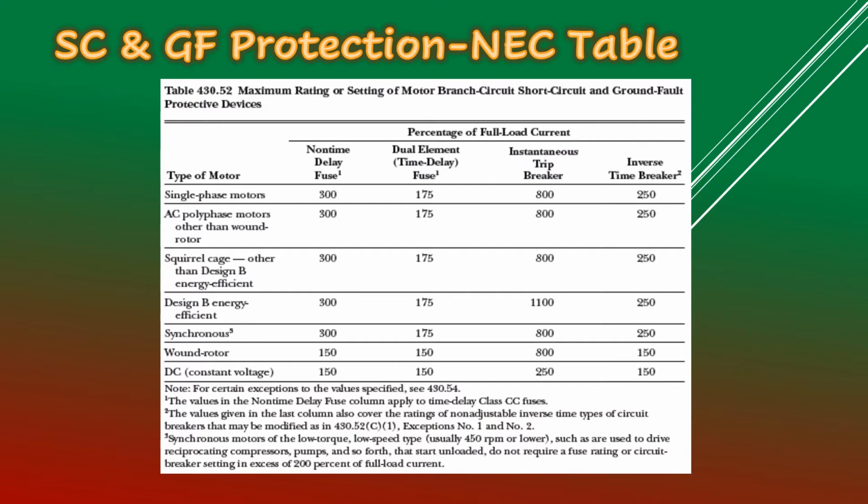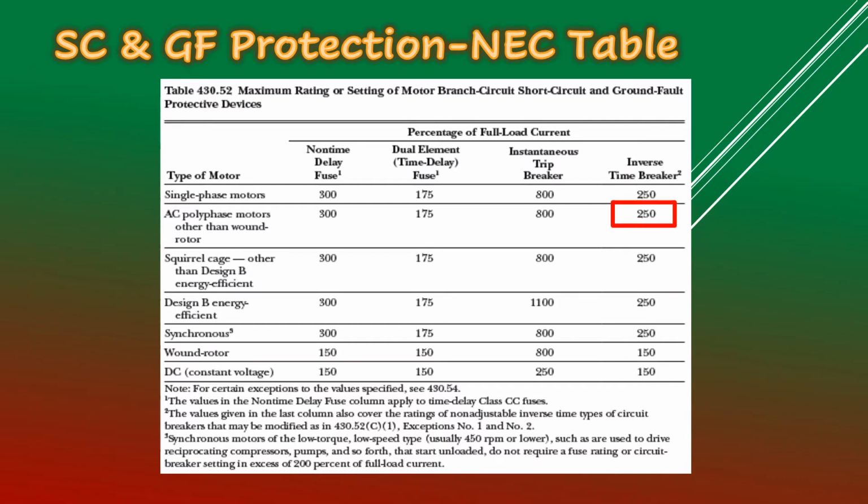So as you can see, there are types of motors: single phase, polyphase, squirrel cage, design B, synchronous, and wound rotor, and DC motors. Also with different kinds of protective devices: non-time delay fuse, dual element time delay fuse, instantaneous trip breaker, and inverse time circuit breaker.